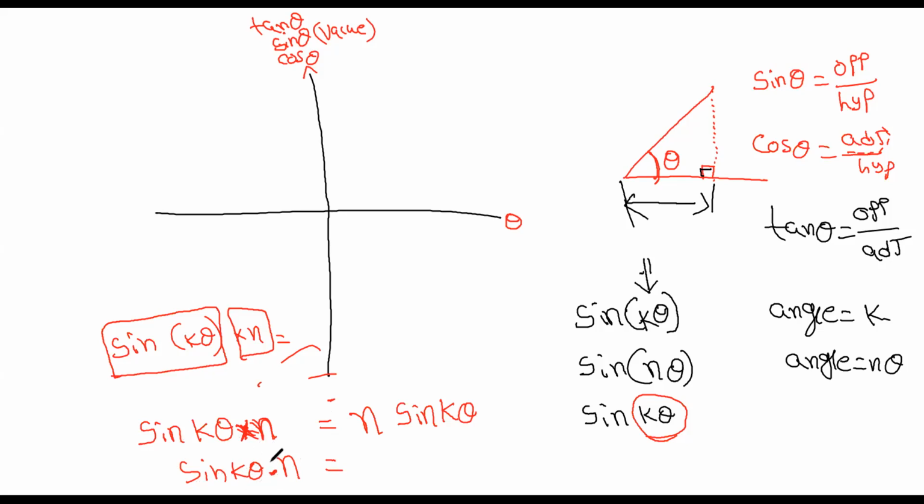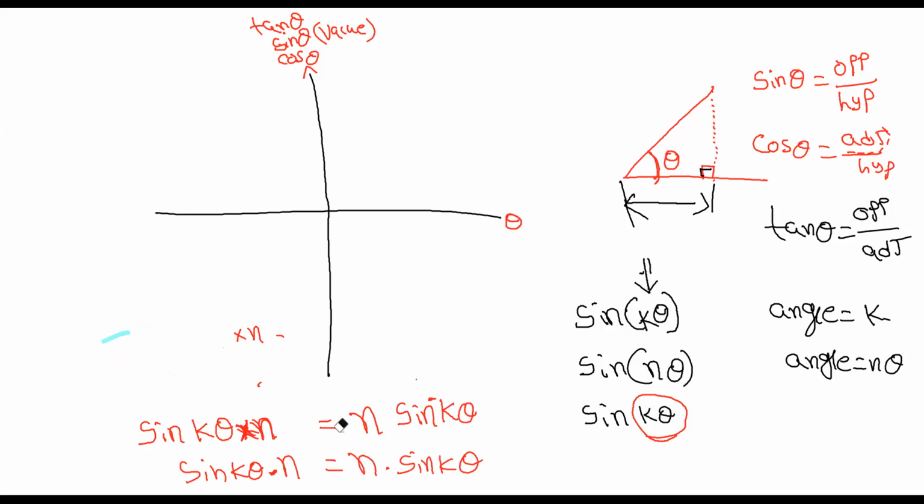So for generalization, we have to use n into sine k theta. If you are multiplying any constant with sine, or with any trigonometric ratio, you have to write it before the function itself.